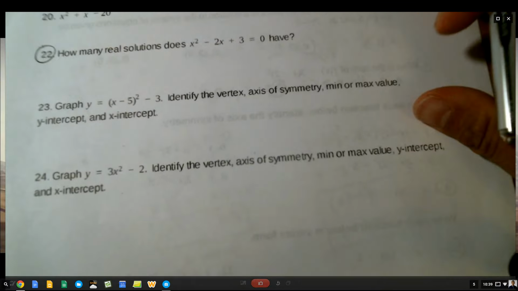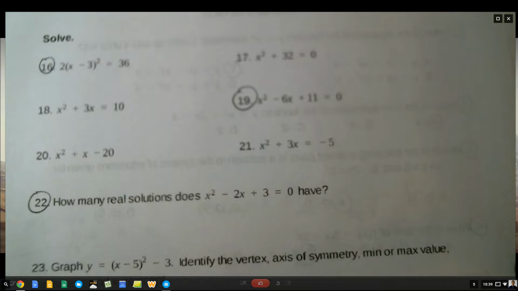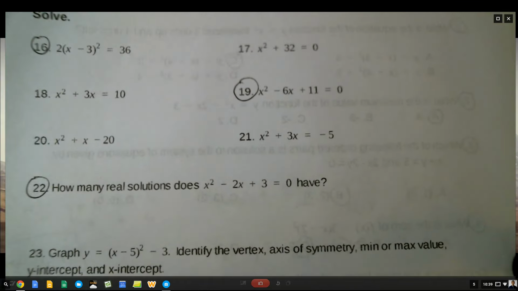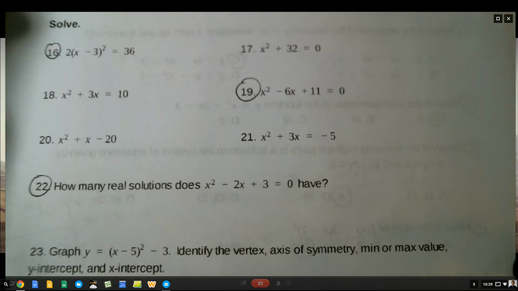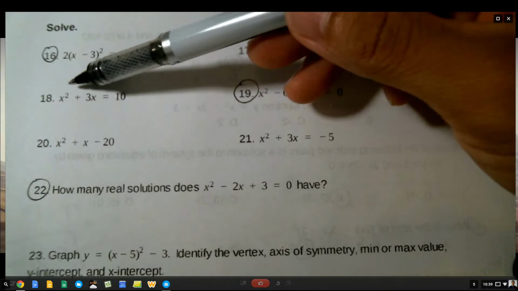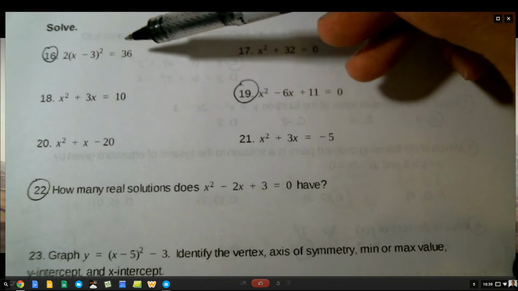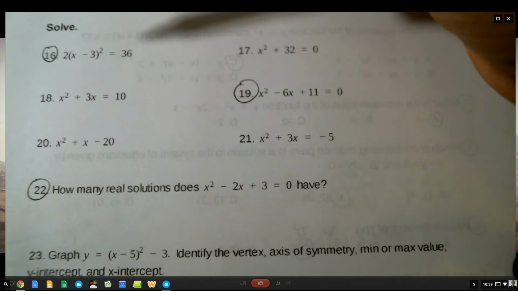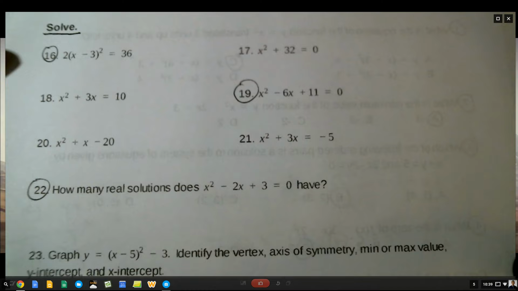And now I'll do number 16 with you guys. Number 16: 2 times, parentheses, x minus 3 squared equals 36. If the question asks to solve, what does solve mean again?